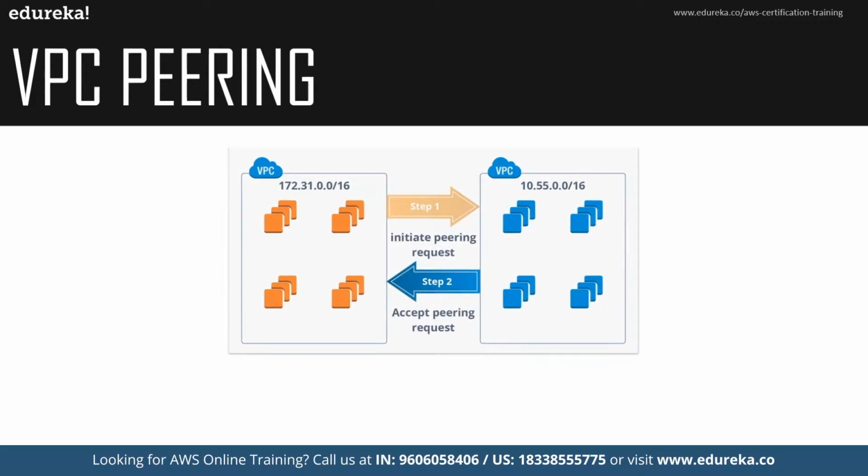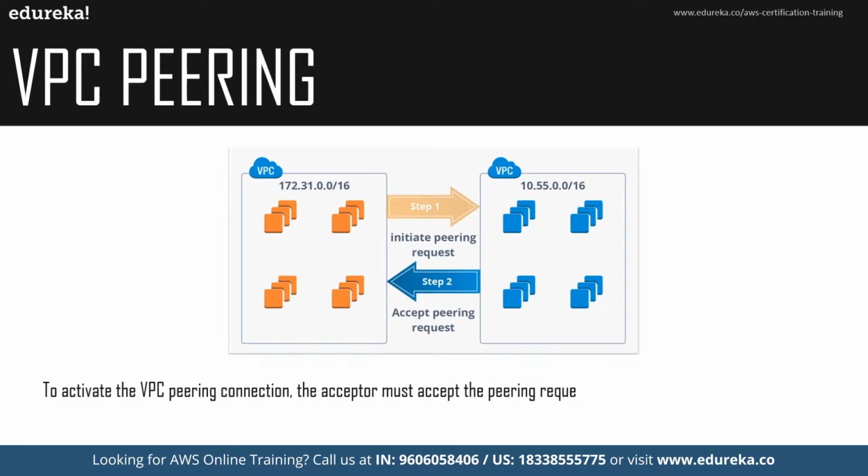As can be seen in this illustration, the peering request has been accepted by the blue group. Now there is a two-way connection between these two VPCs. To activate the VPC peering connection, the acceptor must accept the peering request, as has been done by the blue group here. The request expires after 7 days if no action is taken on it.